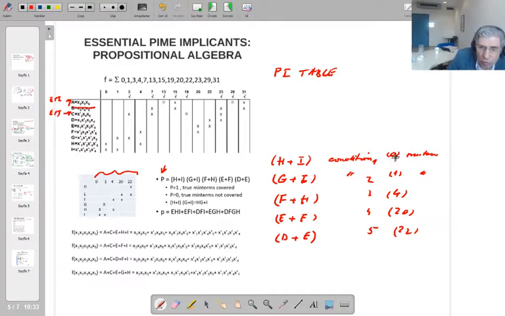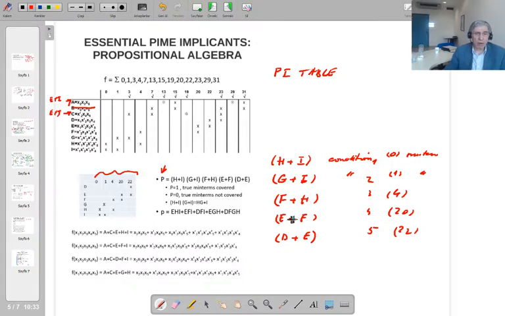Because in order to cover 0, I should have this, for 1 this, for 4 this, for 20 this, for 22 this. When all these conditions are correct at the same time, that means 1 at the same time, my function becomes 1, otherwise it becomes 0, that means the condition is not true.